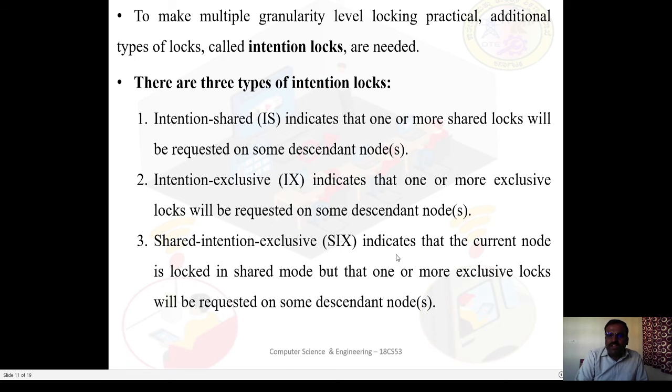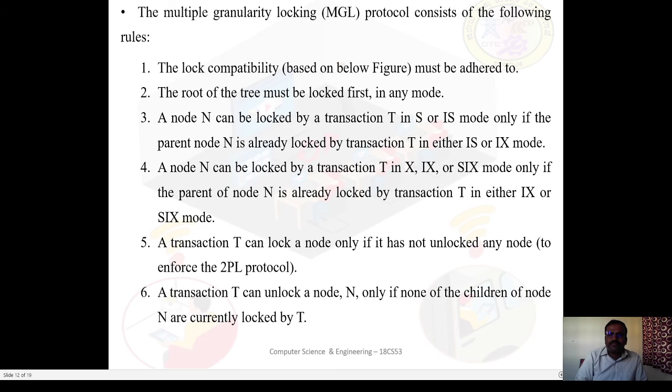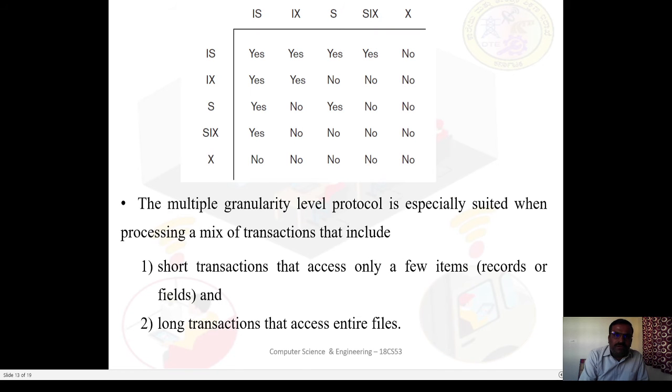SIX indicates that the current node is locked in shared mode, but that one or more exclusive locks will be requested on some descendant nodes. The compatibility table of the three intention locks and the shared and exclusive locks is shown in the figure.